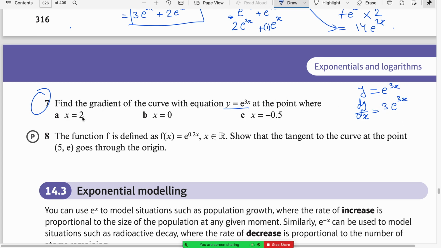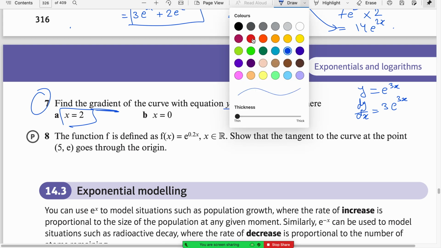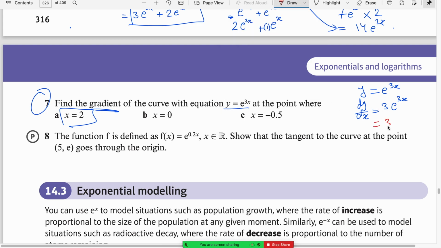So this is the differentiation. This question says find the gradient of the curve when x is 2. So I have the differentiation and this is exactly the gradient, 3e raised to power 6. This is my answer. I can use a calculator to give it in decimals, but this is the exact form.